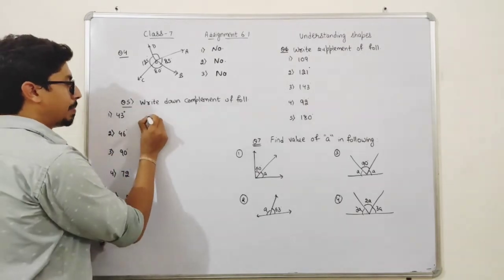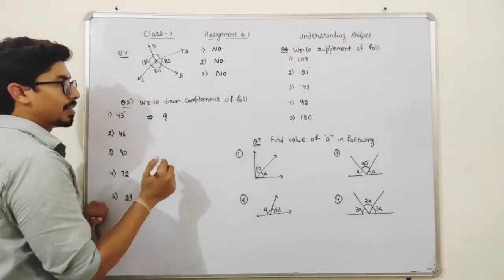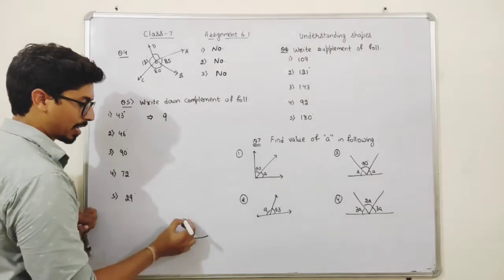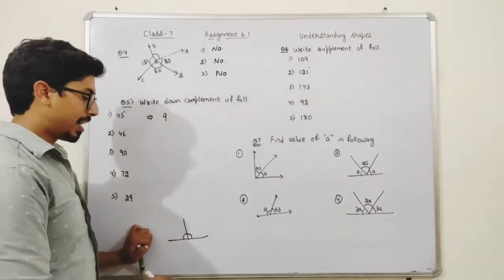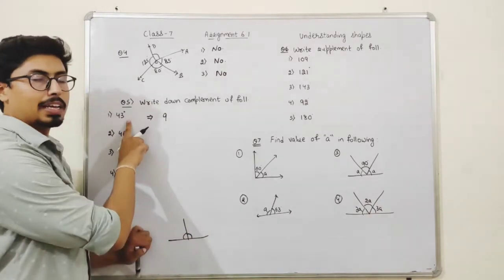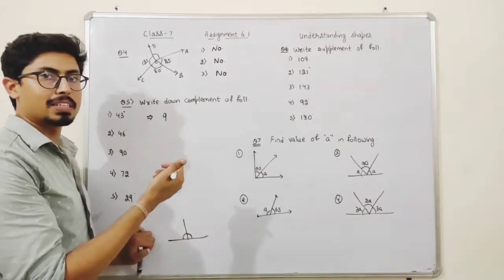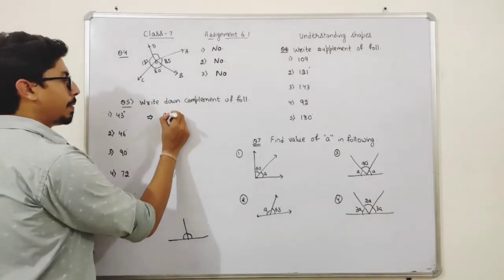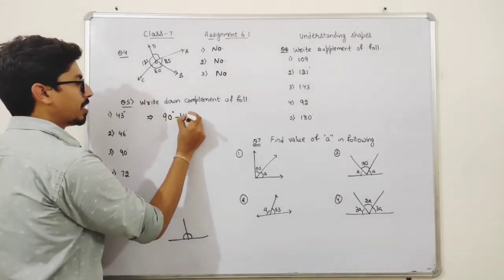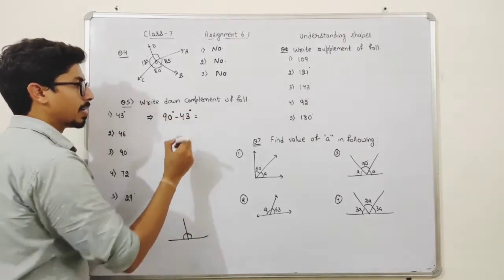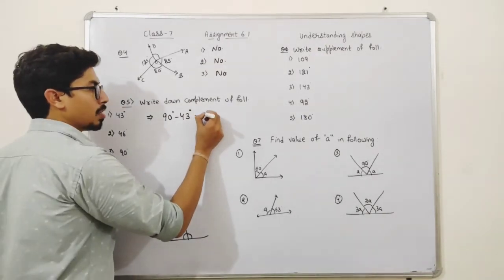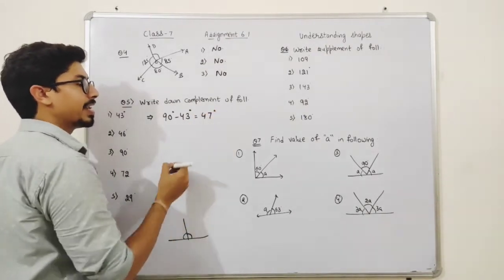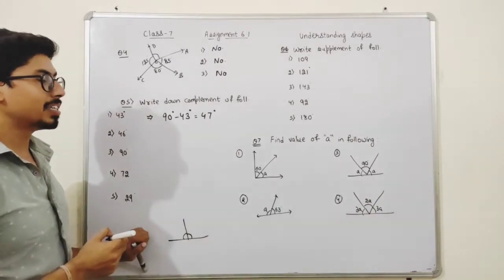If the sum of two angles is 90 degrees, then if I know one angle, the other angle will be 90 degrees minus that angle. So the answer will be 90 degrees minus 43 degrees. If I subtract them, it will be 47 degrees. So 47 degrees is our required answer.